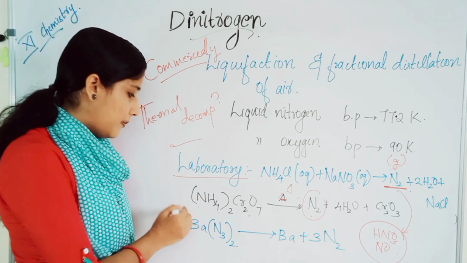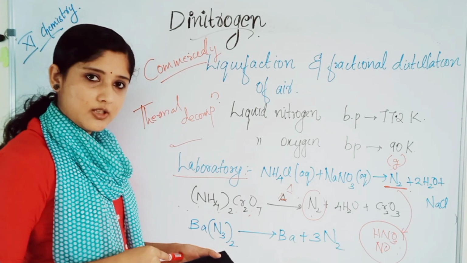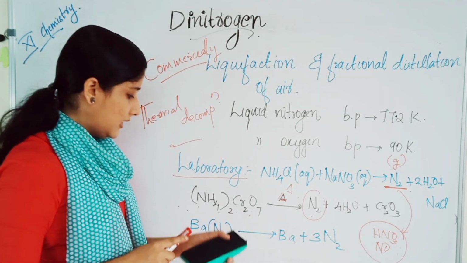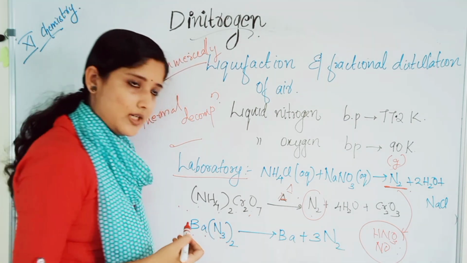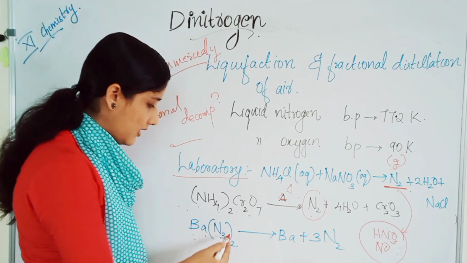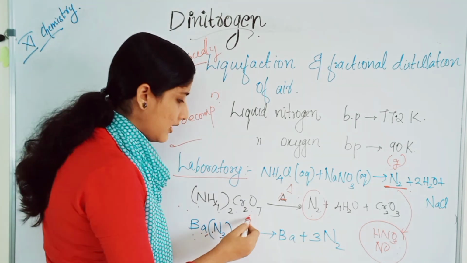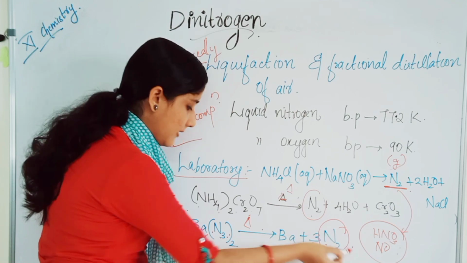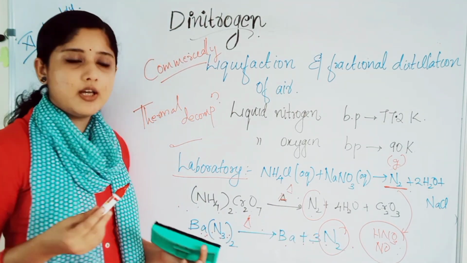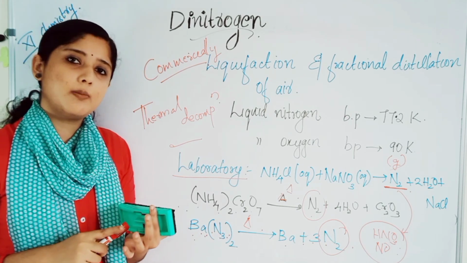Another method of preparation is the thermal decomposition of barium azide, Ba(N3)2. Barium azide on thermal decomposition will give you barium plus 3N2, dinitrogen. Here you can use barium azide, or sodium azide also.